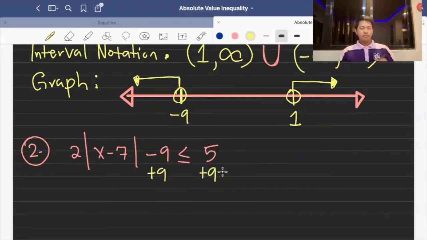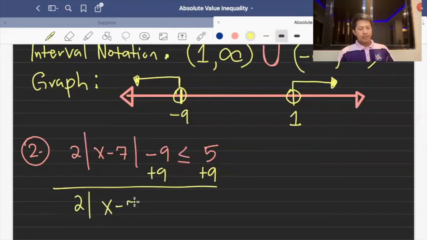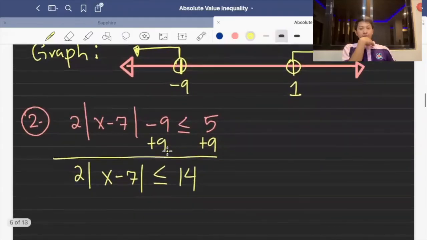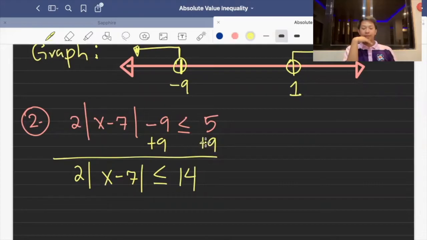Add 9. And then we have, just copy this, 2 times the absolute value of x minus 7 is less than or equal to 9 plus 5, that is 14. Okay, this will become 0. And then, what's the next step? We already transposed -9 to the right. We add 9 on both sides. What's next?